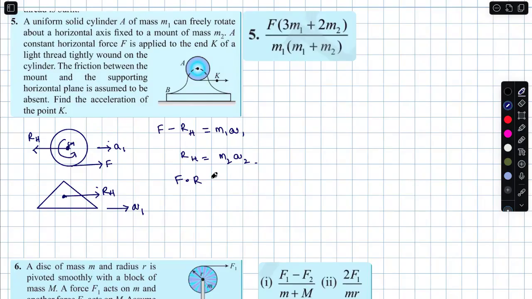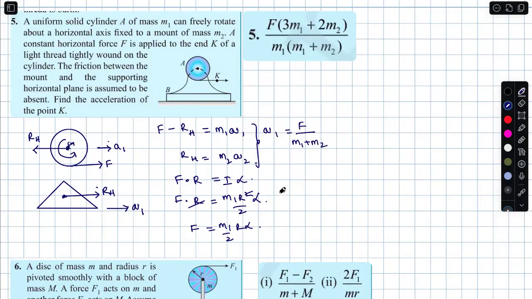F into R is I alpha. F into R is I, it is a solid cylinder, M1 R square by 2 alpha. So therefore, F is M1 by 2 R alpha. From these two, I can write A1 as F by M1 plus M2.